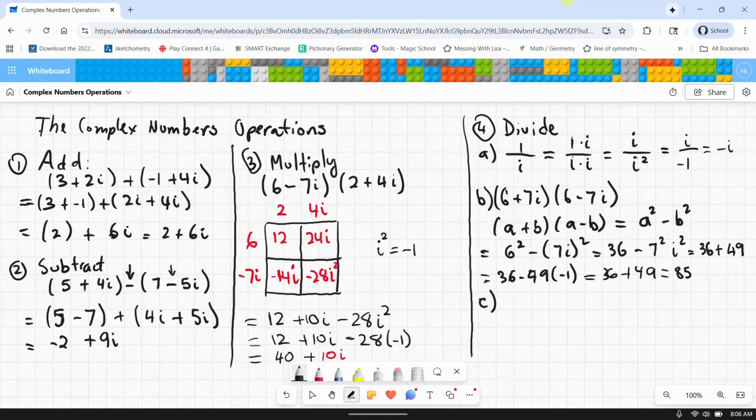So example C. Now I have negative 2 divided by 3 plus i. The only way we can do this is to multiply by something we're about to learn, that is the conjugate.